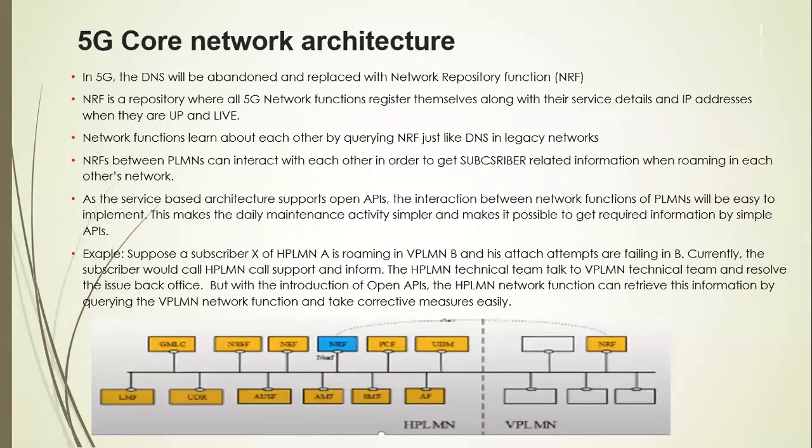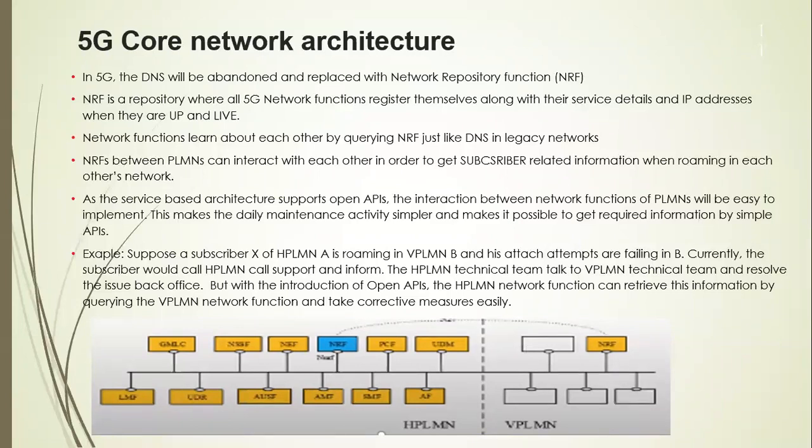So whatever functional nodes are available in the 5G core, they will be registering themselves with their IP addresses and service details in the NRF. Obviously any other node which wants to know about other nodes' functionality or details can query this NRF and then start communicating with the target function.